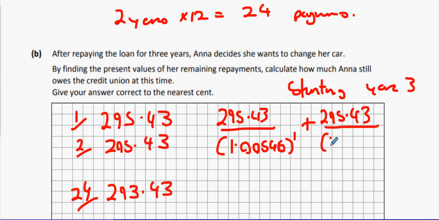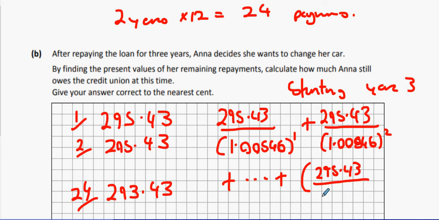will be divided by this number squared, and then the one at the end of 24 months will be 295.43 divided by, sorry, 24 months' time.